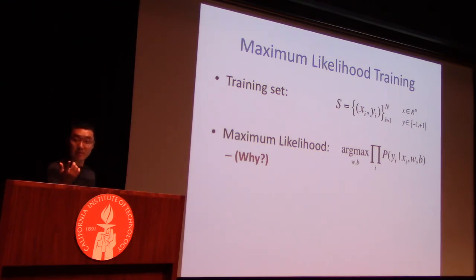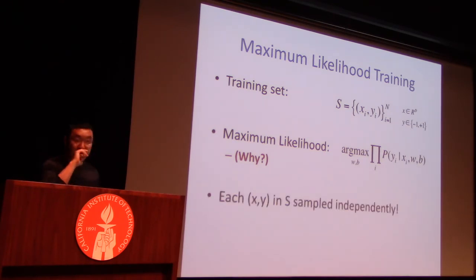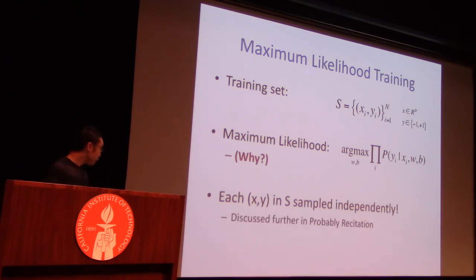Yeah, if you assume that the training examples are independent, then you're getting the joint probability of those. That's right. So if we assume that each data point in the training set is sampled independently from the test distribution, then we model every probability independently of each other, which means that when we maximize the joint probability, we maximize the product of the individual ones.